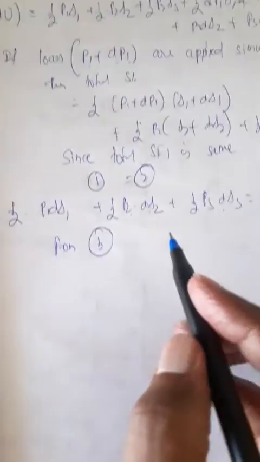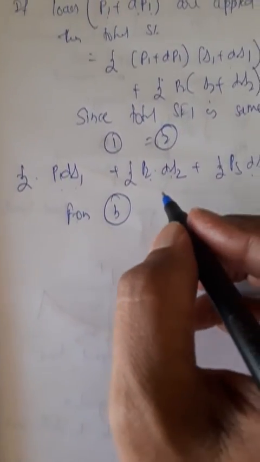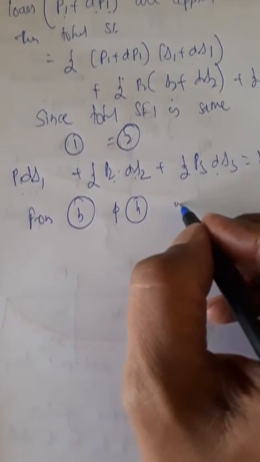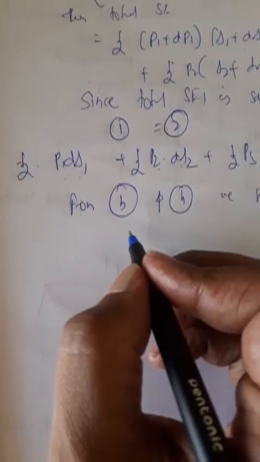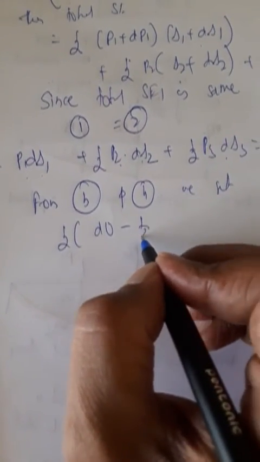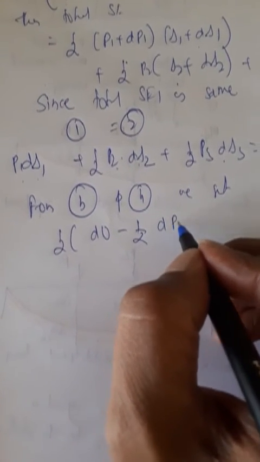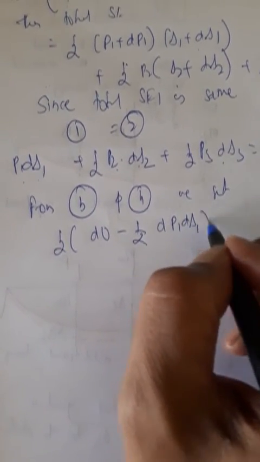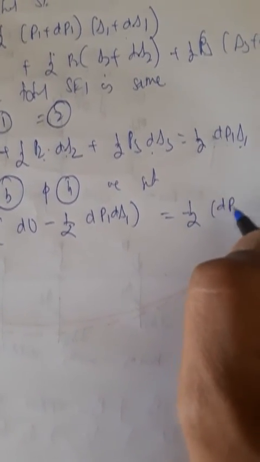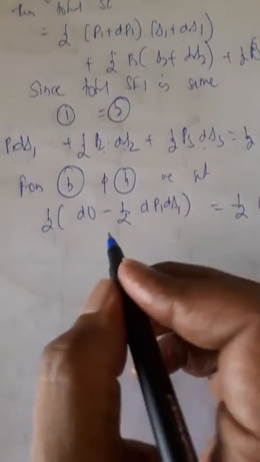I will equate these two together, from 3 and 4. We get half dU minus half dP1 d of delta 1 is equal to half d of P1 delta 1.